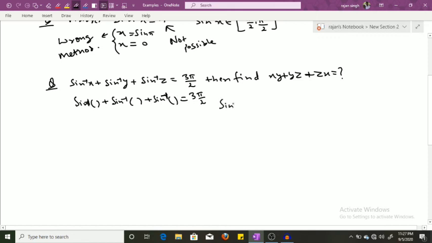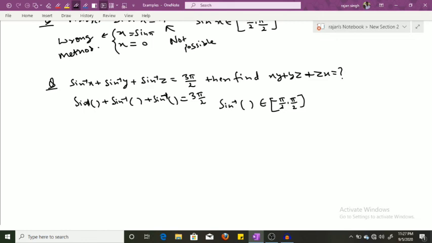For one time I am writing the range of sine inverse. Now think again: 3 sine inverses you have to add, and you have to get the answer 3 pi by 2. Is it possible? And if it is possible, when will it be possible?